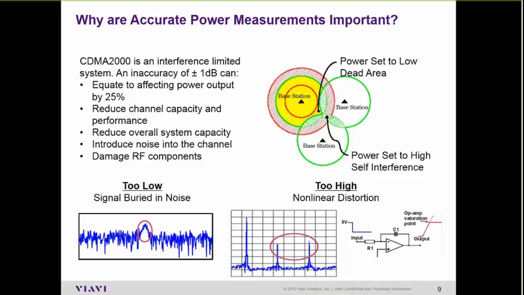And so these things coordinate over the X2 link and will not assign resource blocks to a user in one area if it's being used by a user on the boundary from another area. And so having accurate power control is really pretty important.